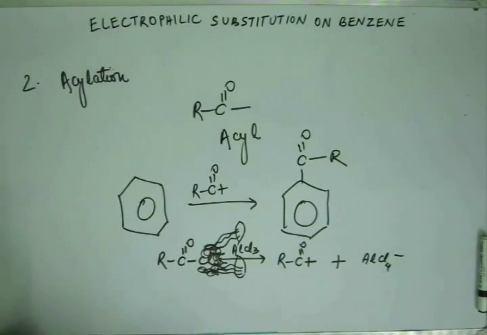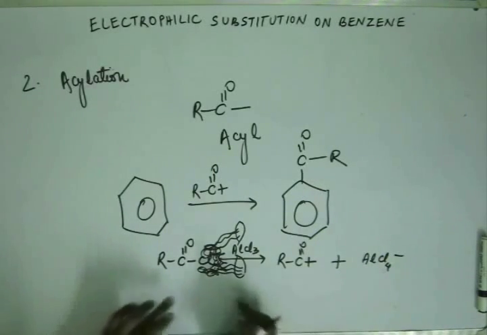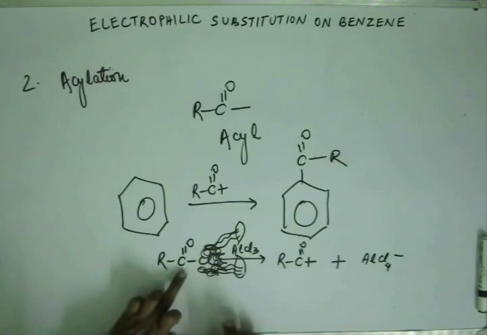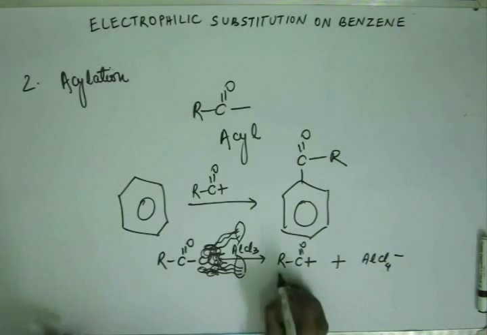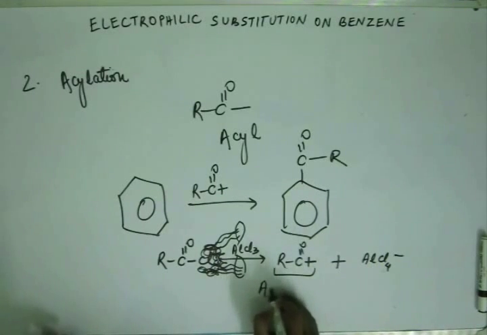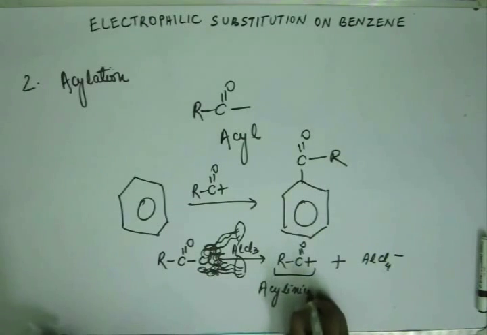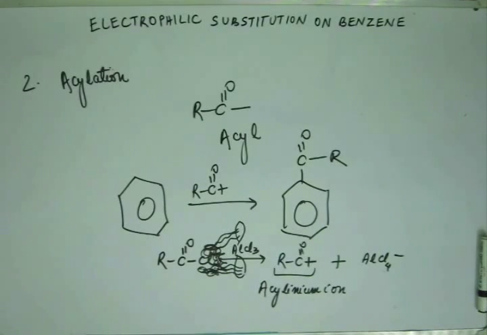So this will exist as AlCl4 minus. So effectively Cl minus has moved off, producing a plus charge on this carbon. Now this is an acylium ion. This is how an acylium ion is created.